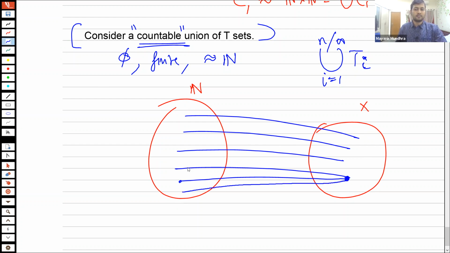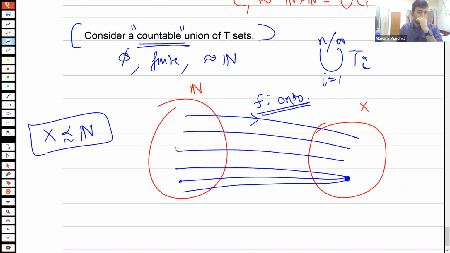You could have multiple elements in N mapped to the same element in X, but there should not be any vacant element. So if you can construct this F which is onto, then obviously the cardinality of X is less than or equal to the cardinality of N. And if you know that it is non-empty, then you know for sure that it is either finite or equal to the size of N.